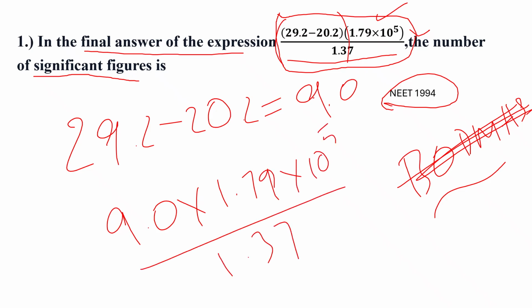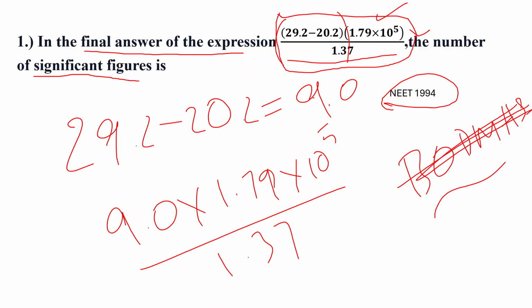So the number of significant figures in the final answer. According to the rule of significant figures, I already told in the very first video the rules for multiplication, division and addition, subtraction. If you add or subtract two numbers, the significant figure should be maximum.